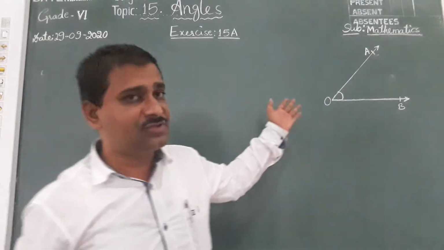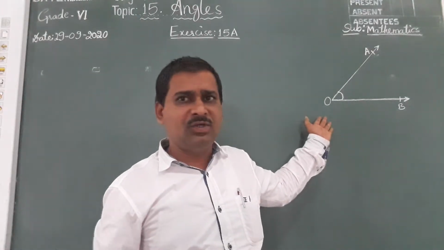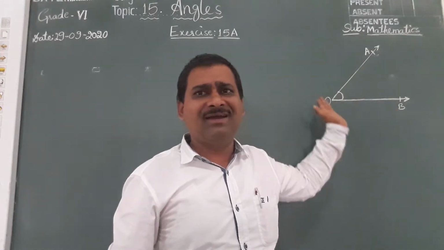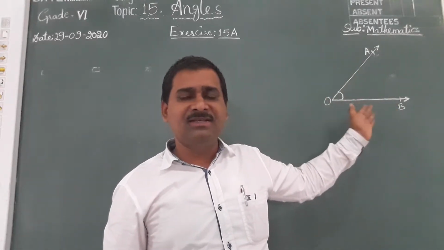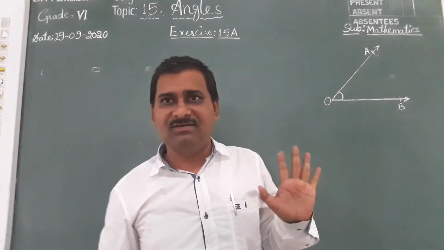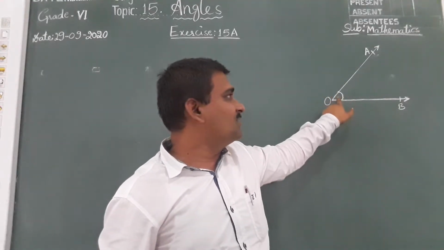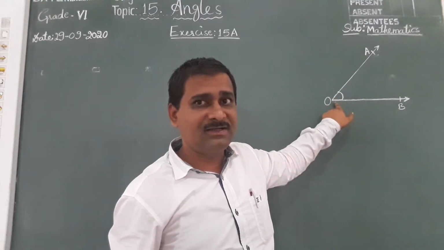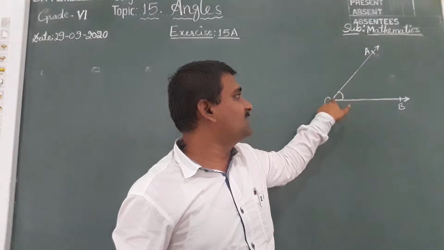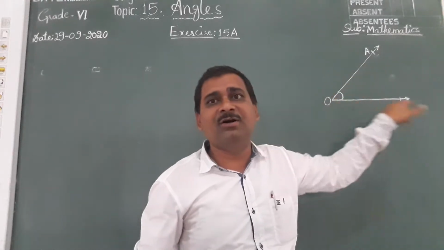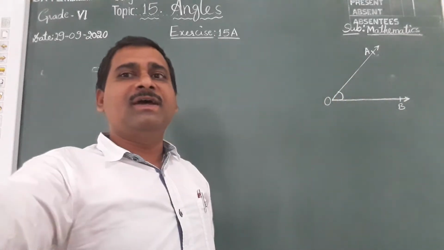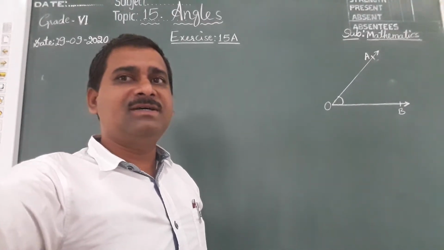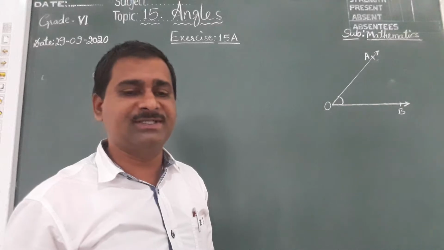Children, here I have drawn a picture on the board. You know that this full picture is not an angle. Angle is only this much, this part, where two rays start from the same initial point.